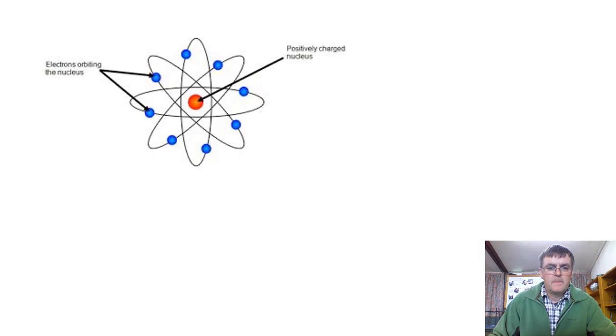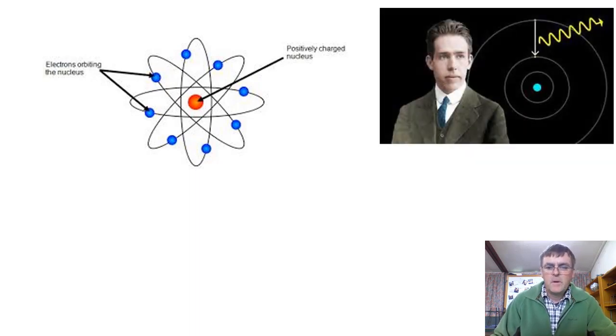So here's the typical Rutherford model: nucleus in the middle, electrons zooming on the outside. That's the classic look of the atom, if you like. And Niels Bohr modified that to say that these electrons are in energy shells or layers around it, and we can put energy in and get an electron to move from one shell to the next.